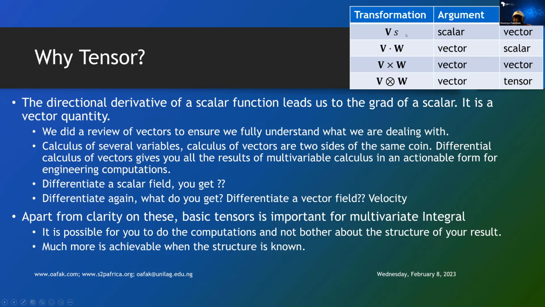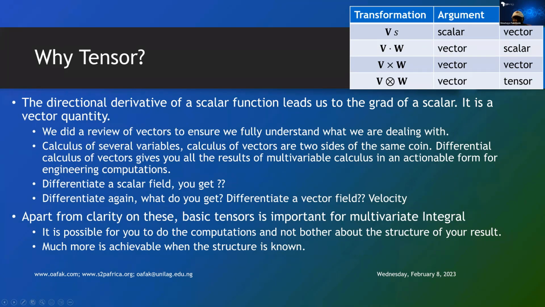The argument is a scalar, but the result is a vector. If you transform it with another vector using a dot sign, the argument W is a vector, but the result of the transformation here is a scalar.